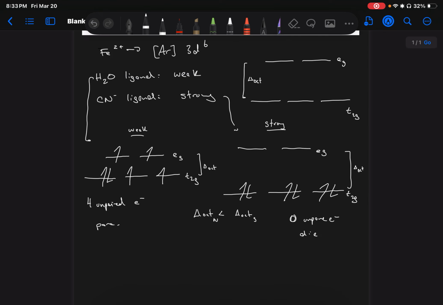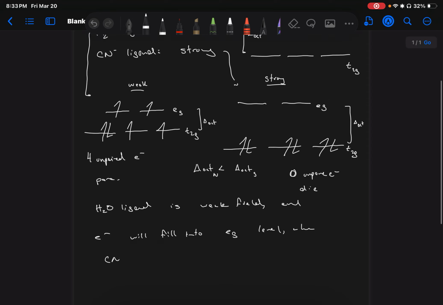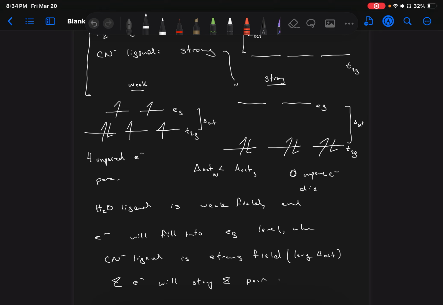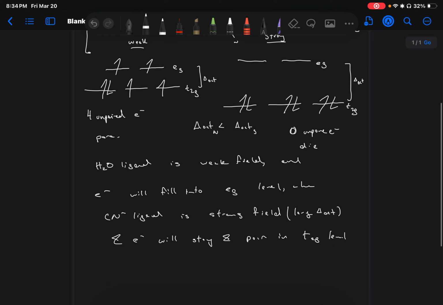So I guess we could simplify this by saying the H2O ligand is weak field and electrons will fill into the EG level, while, my writing is so messy, the CN minus ligand is strong field and electrons will stay and pair in the T2G level rather than jumping up to EG.